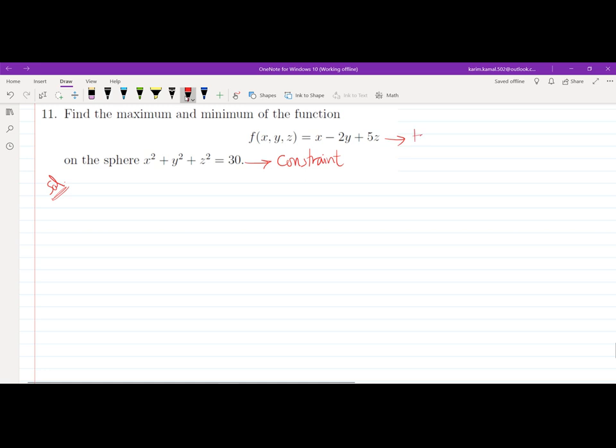And since we have a constraint equation and a function of 3 variables, we have to use Lagrange multipliers. Then we will solve it using Lagrange multiplier like what we explained. First of all, apply Lagrange multiplier.